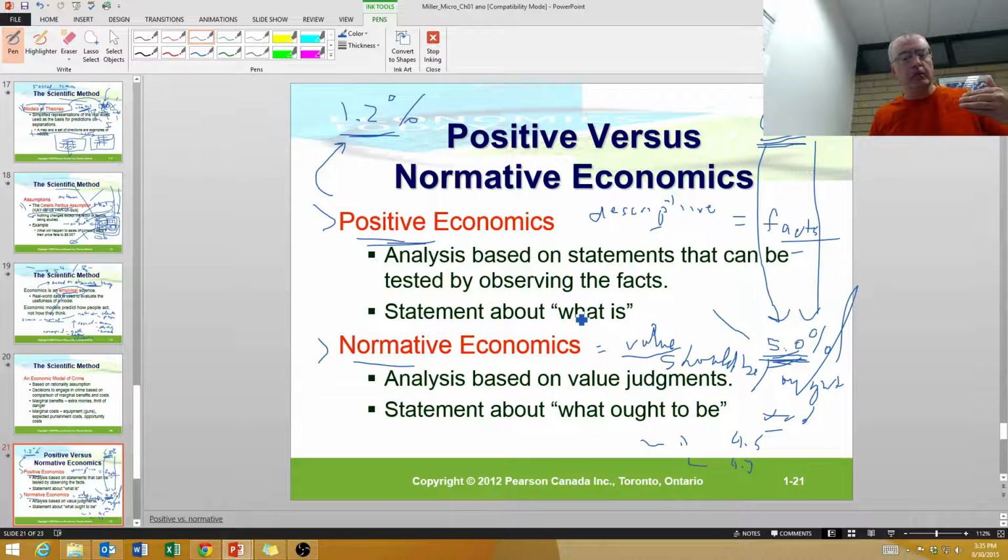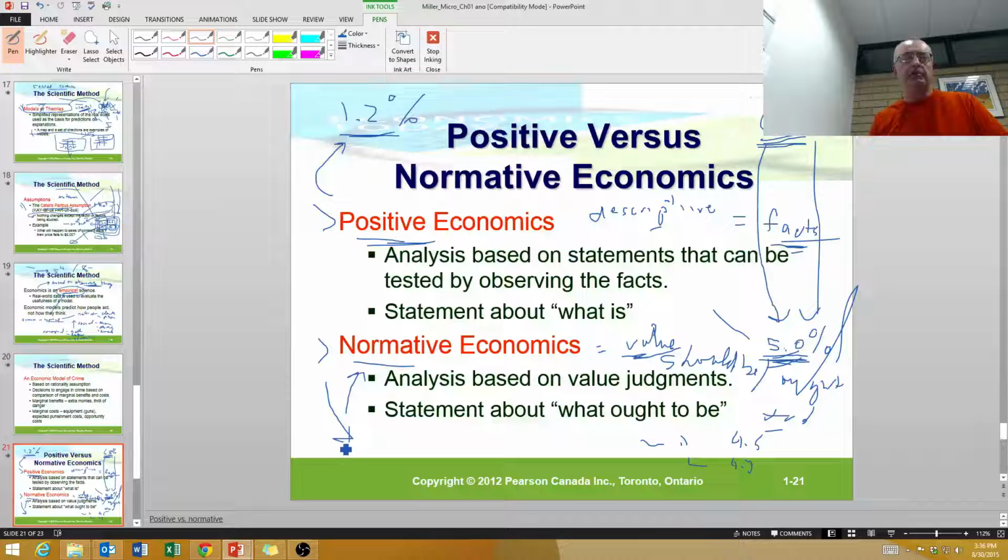So when we're talking about economics and making sentences, we have to draw a distinction between facts versus values. Anyway, when we talk about politics, politicians and economists often try to prescribe solutions to economic problems.